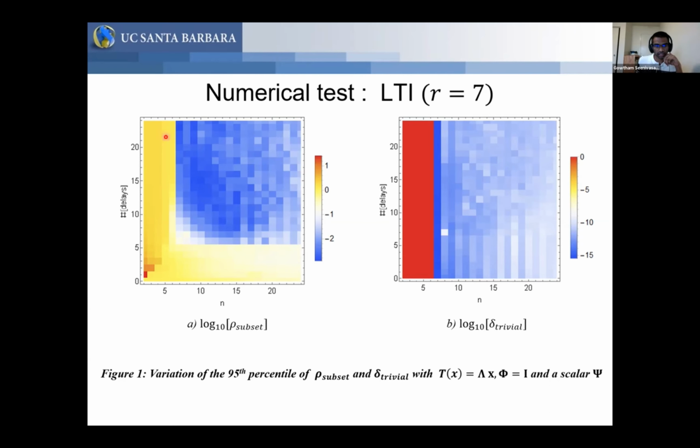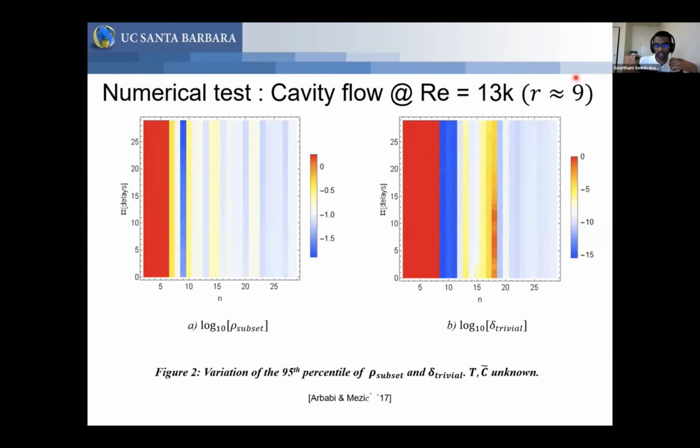And you see that both for the first indicator row subset and for the second indicator, which kind of indicates the theorem we're talking about. And here's another example where we have some idea of the invariant subspace that's present. So this is the lid-driven cavity at Reynolds number 13K taken from this reference here.